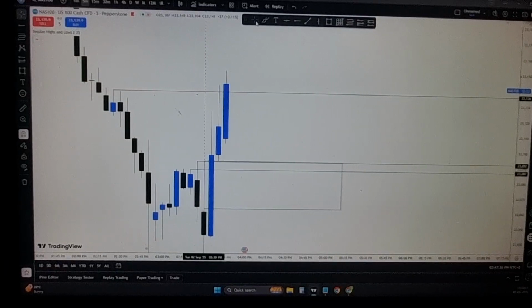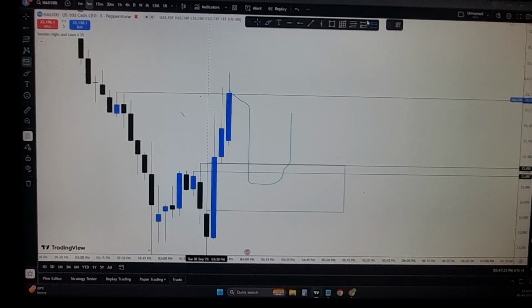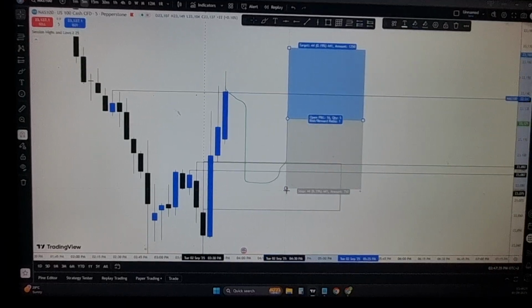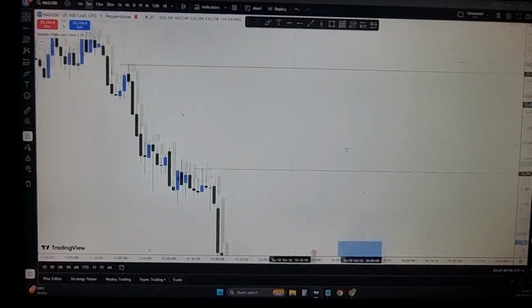So what we're waiting for is price to rotate, come down here, break of structure. Oops. Long John Silvers with our stops below the lows. Bam, bam, bam, bam, bam. Smooth work.